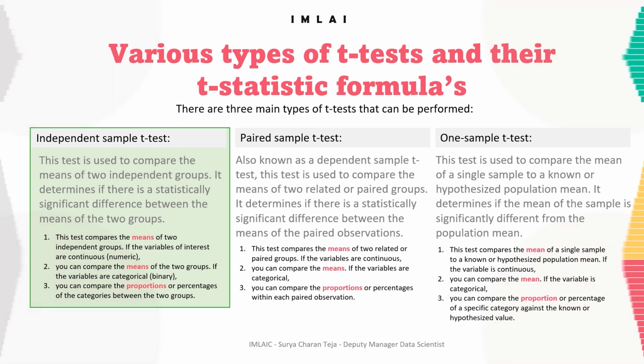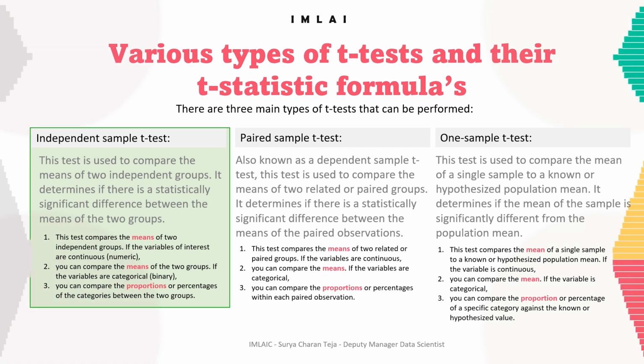It allows us to compare the means of two independent groups and assess whether there is a statistically significant difference between them. So this is often used to evaluate the relationship between a categorical variable and a continuous variable, or to compare the means of two different groups in a dataset.